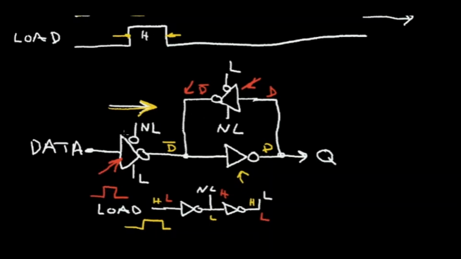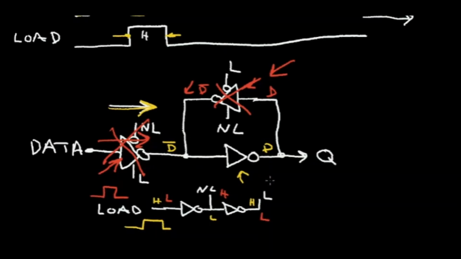So again, when the load signal is high, the data can come in here and this is out of the picture. And when the load signal goes low, this is out of the picture, and this one reinforces the data in our latch. So hopefully this gives you some idea of how the tri-state driver can act as a latch circuit.